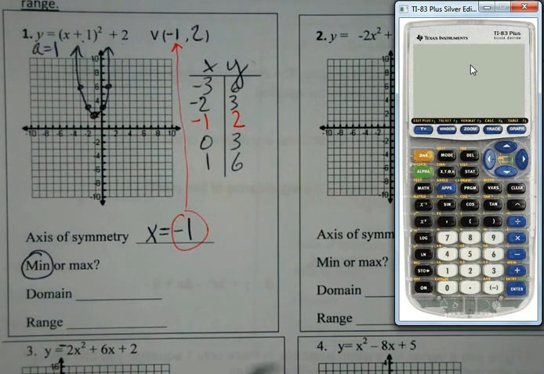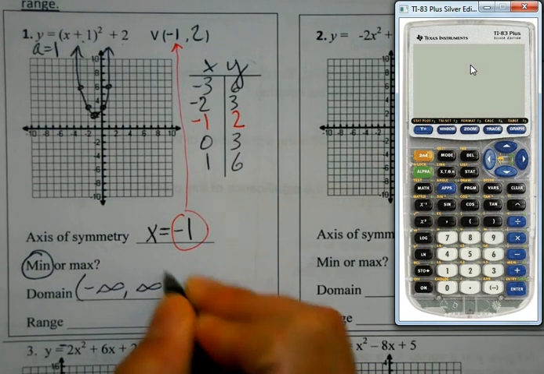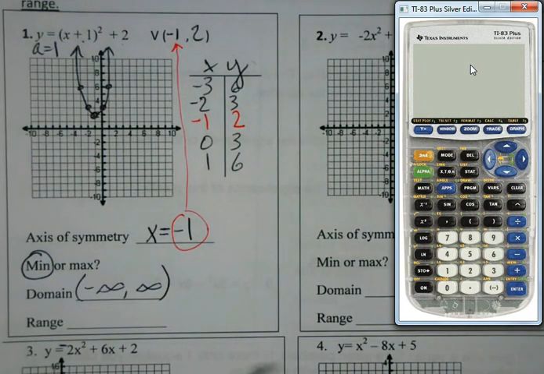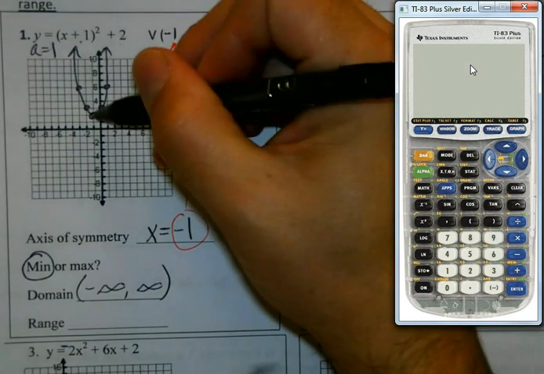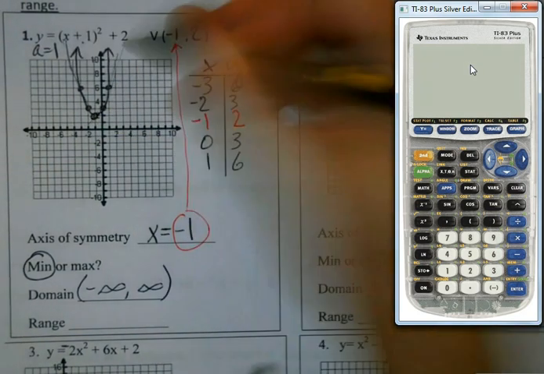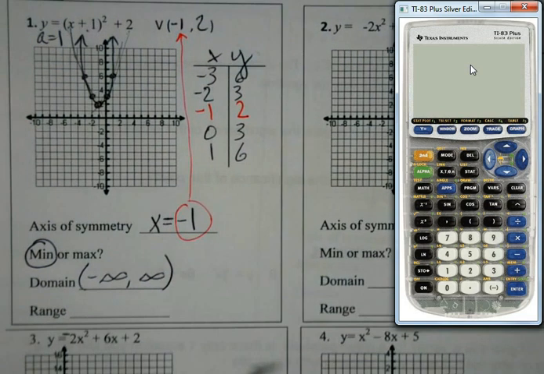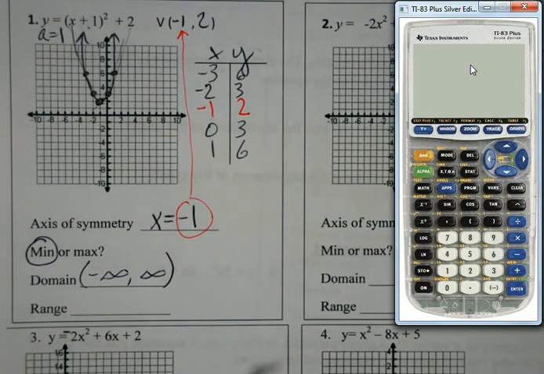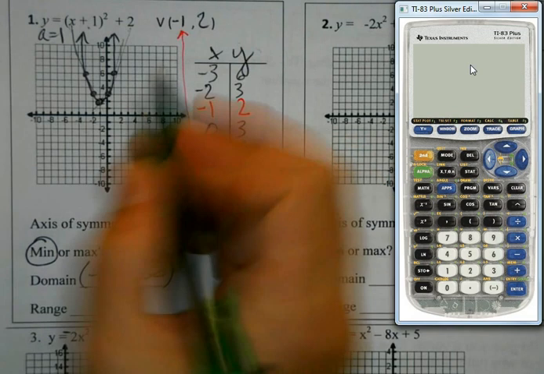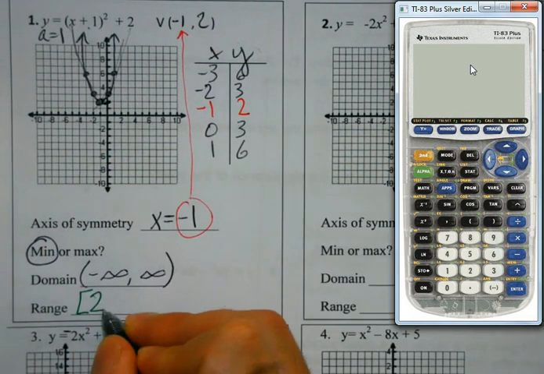And then hopefully the easiest question on the entire quiz, because it's the same every time. My domain goes forever to the left, forever to the right, no matter what, even if it opens up or down. But my range, not quite the same, doesn't go down forever, it only goes down to right here at 2.